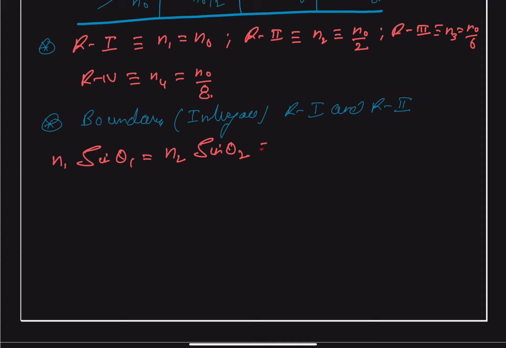We substitute the values, and we get n0 sine of theta 1 is equal to n0 by 2 sine of theta 2. n0 and n0 go away, therefore we can write that sine of theta 2 is equal to twice sine of theta 1.